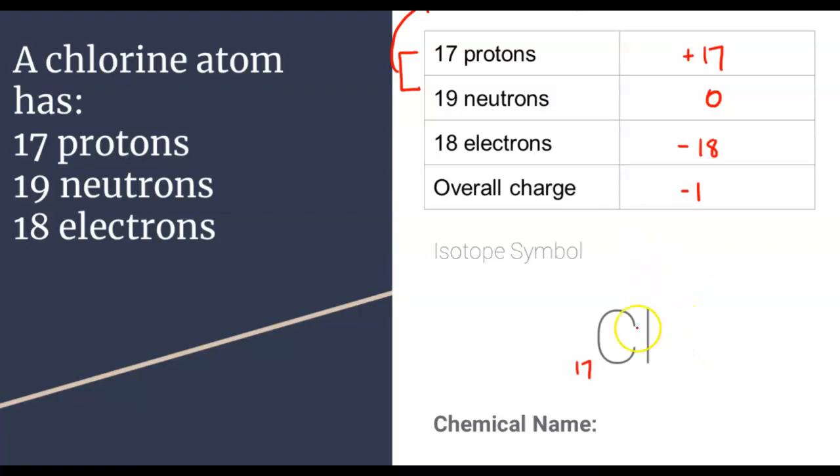And that works out to be 36. Is that correct? Yes. 36 on top. And then I place the charge on the top right-hand corner. I'll just write a minus, not -1. And this here is called chlorine-36.